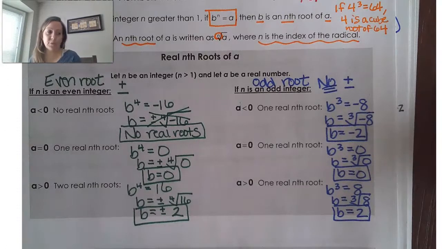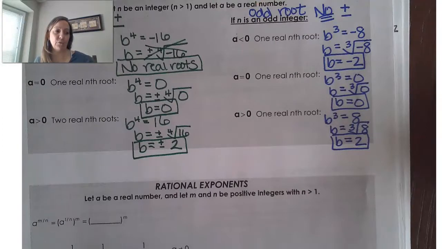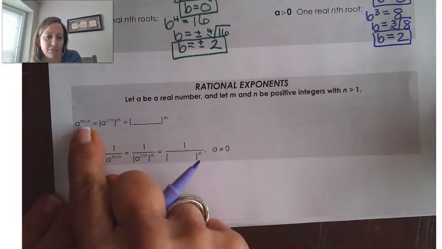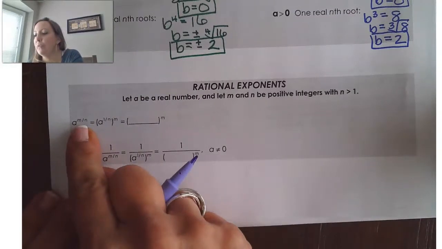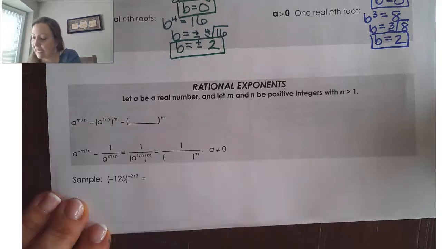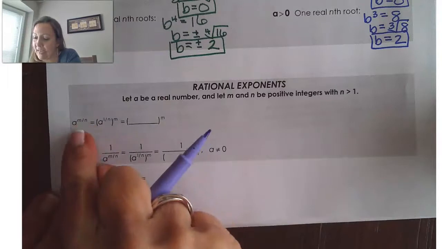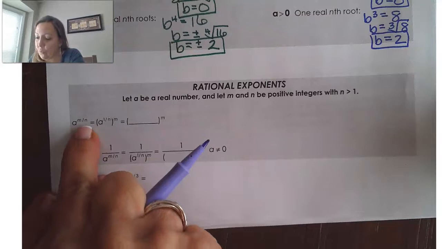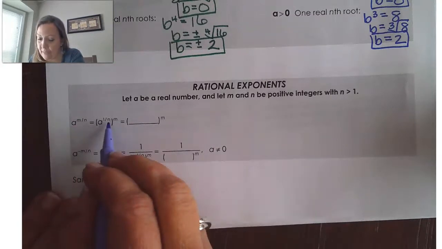So another thing we're going to focus on today is this idea of rational exponents, okay? And when we have rational exponents, that means that we're going to have an exponent that's a fraction. When we think back to the properties of exponents, we know that if we raise a power to a power, we're multiplying them together. So the way that we're going to attack these rational exponents today is, if we have a raised to the m over n, then that's like a to the 1 over n to the mth.